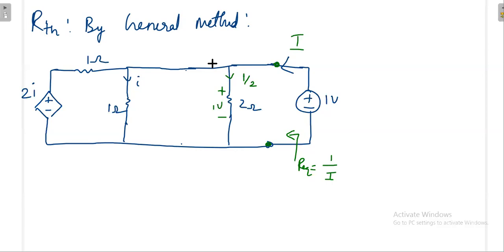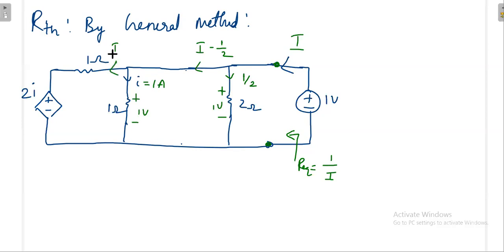Then if I is coming, 1 by 2 is going, what would be the current here? I minus 1 by 2. Now, the same 1 voltage is appearing here also, so that means this current has to be 1 ampere. Now I minus 1 by 2 current is coming, 1 ampere is going here.